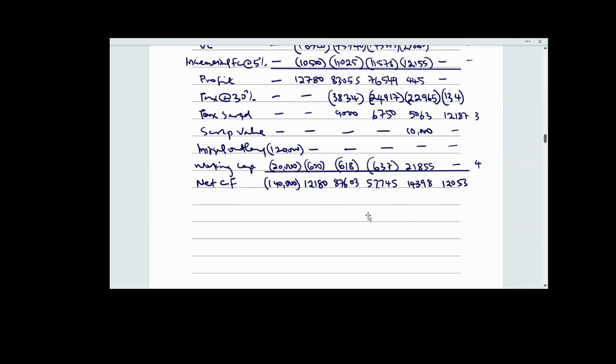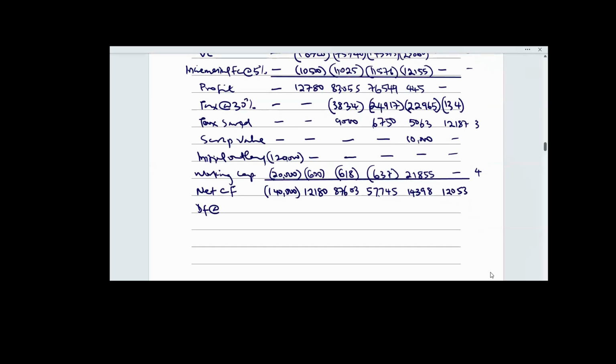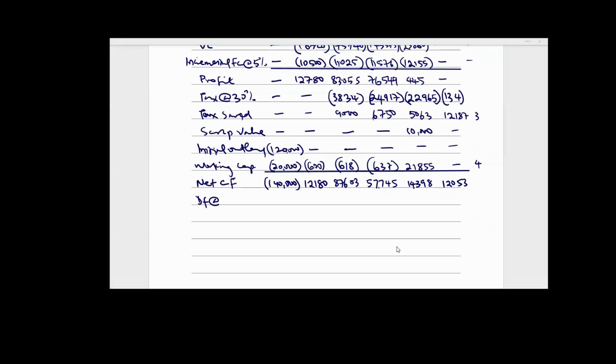So the next thing we want to do now is to discount because we are calculating NPV. When you go back to the question, the cost of capital given to you is real cost of capital. You are told that Washington PLC has a real cost of capital of 7.8%.